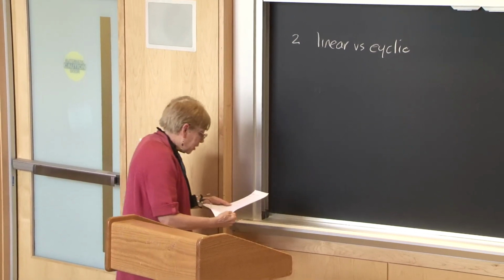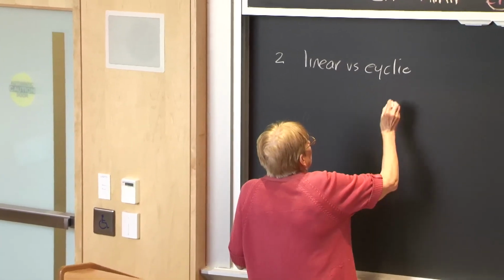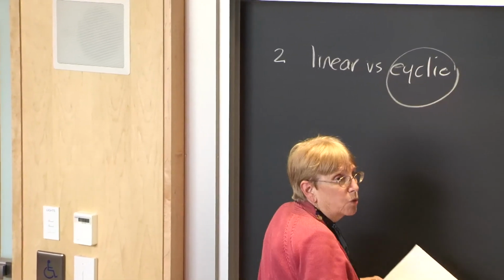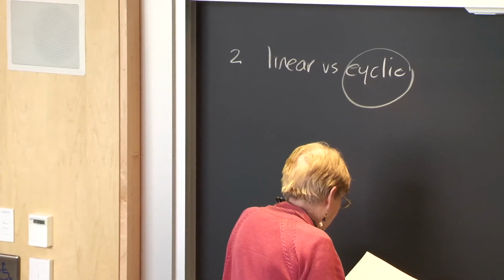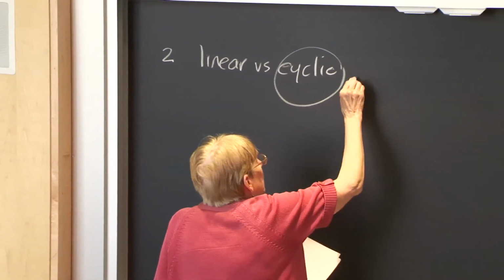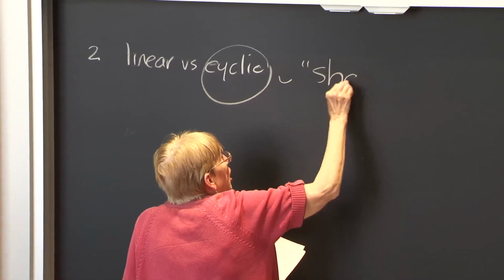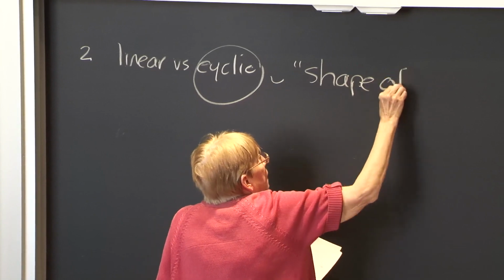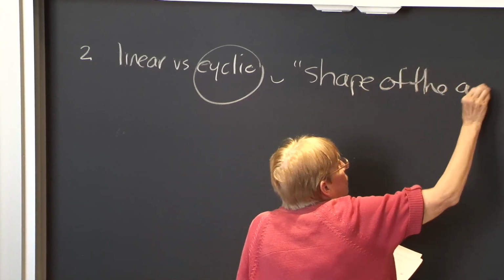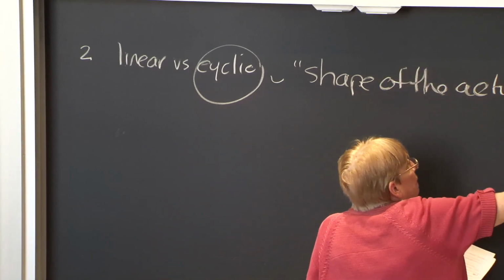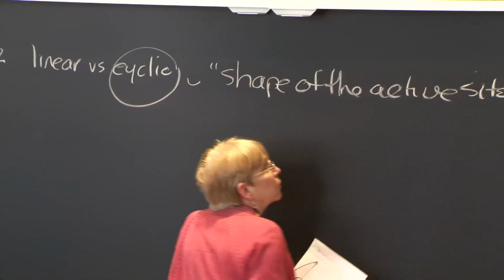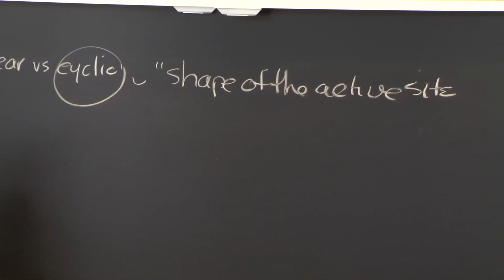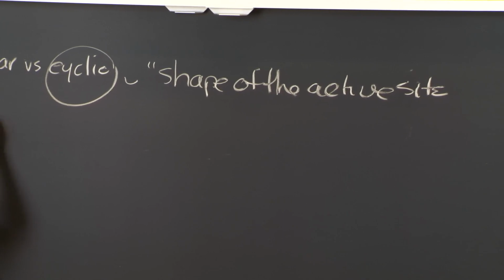Okay, what do you have in the case of cyclic terpenes, which you saw in the previous slide? And the key thing is the shape of the active site. And what you will see if you look at a lot of these active sites is, in general, they're very hydrophobic.